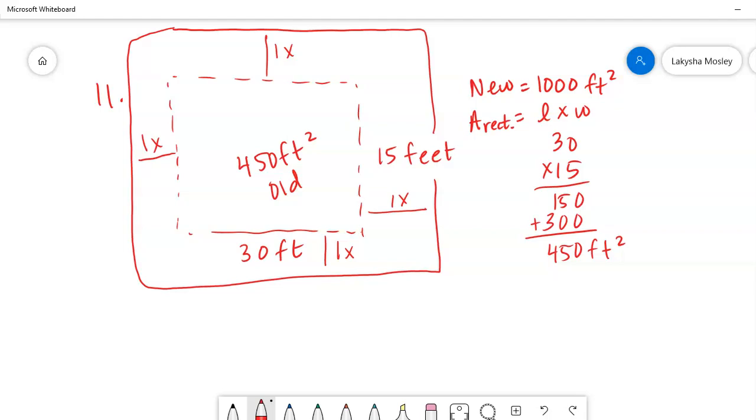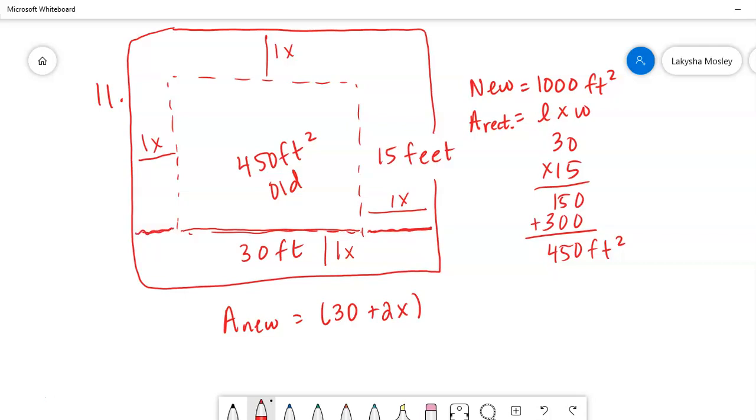When I think about this length, which is 30 feet long, and I add 1x here and 1x here, 1x plus 1x is 2x. So for the area of the new stage, I have this 30 feet initially plus 2x, which are these additional pieces on the left and right side.